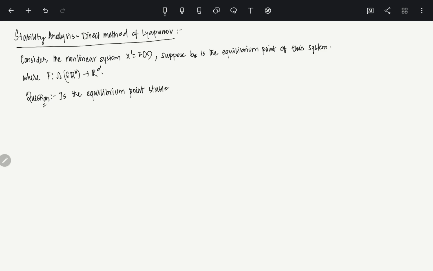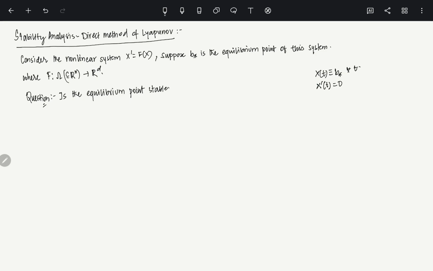When I say equilibrium point, if I assume x(t) is b star for all t, the constant vector, then what is x prime of t?